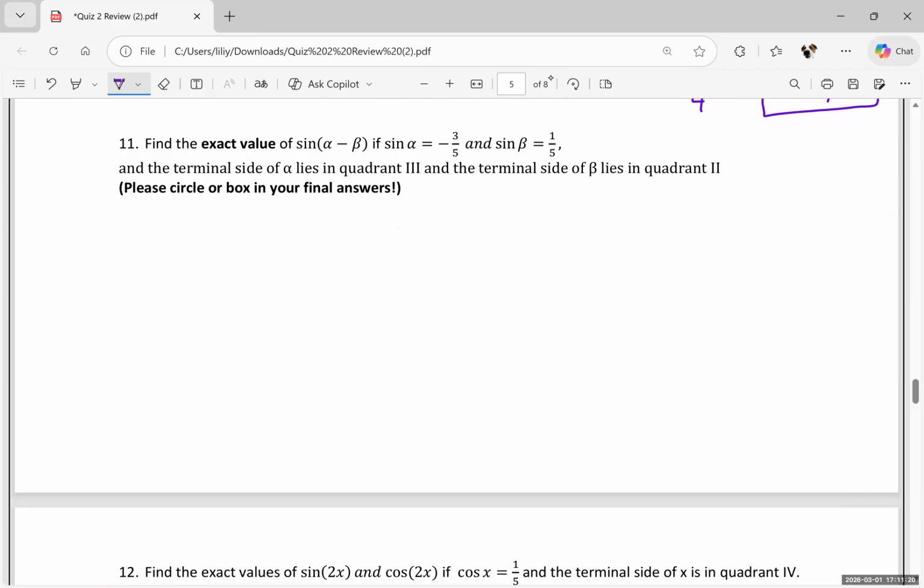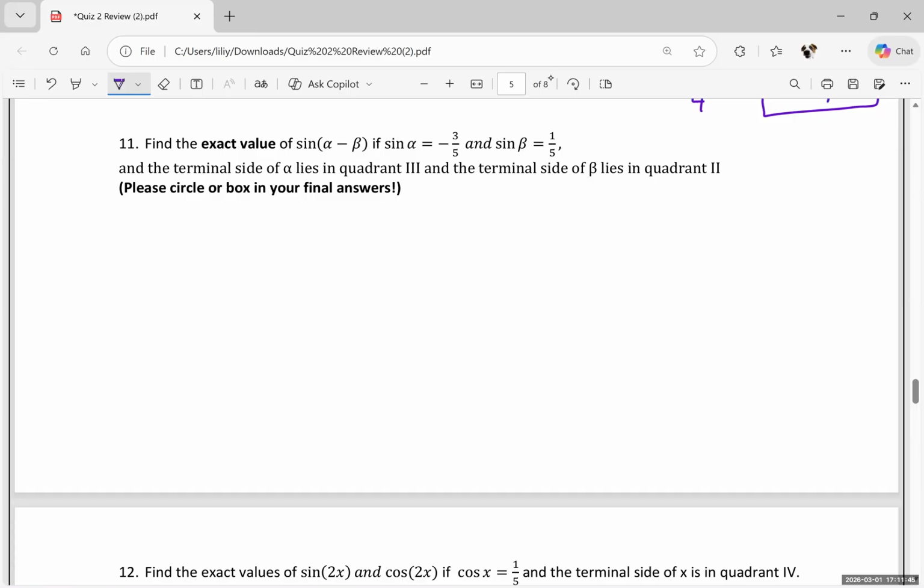You need to be comfortable with stuff like number 11, where you need to find the exact value of sine of alpha minus beta. If sine of alpha is negative 3 over 5, sine of beta is 1 over 5, and the terminal side of alpha is in quadrant 3, terminal side of beta is in quadrant 2. You do need to circle or box in your final answers.